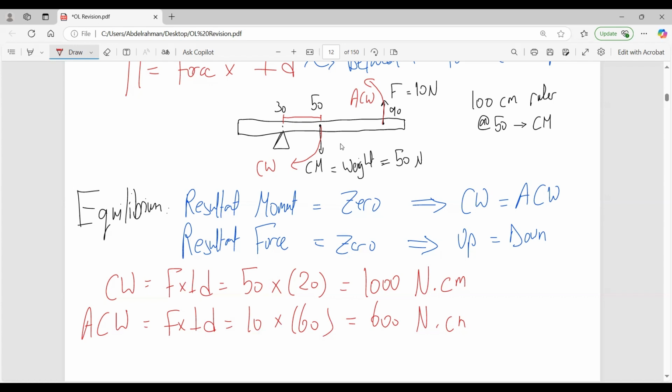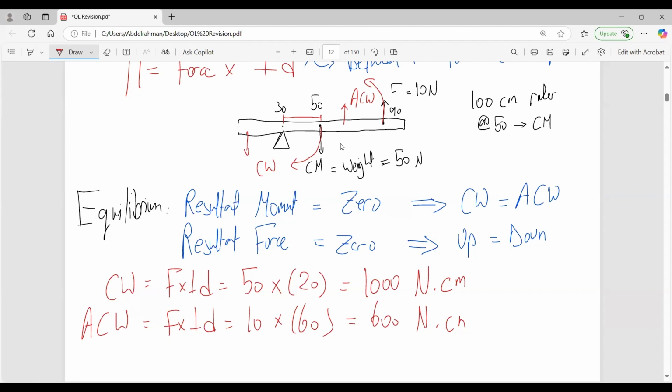This anti-clockwise moment could be on the left side or on the right side, at this point, for example, or at this point. So it couldn't act on the left side upwards and it cannot act on the right side downwards. Why? Because if it was on the right side downwards, it would be a clockwise moment. If it was on the left side and upwards, it would also be clockwise.